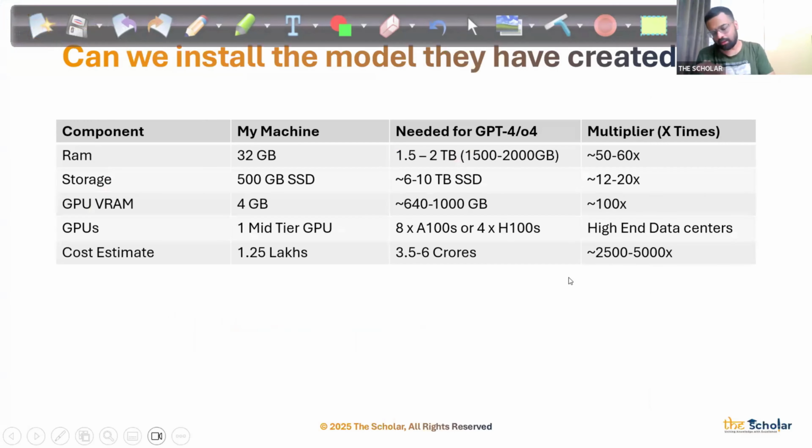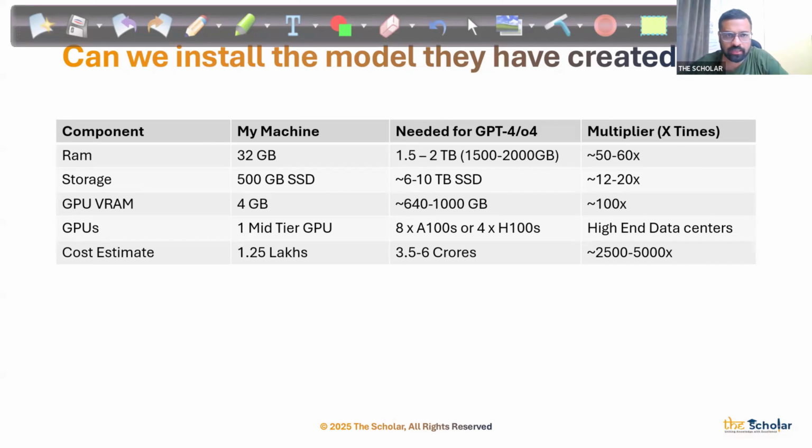Now, before getting into this concept, I want to talk about a very important concept. We know from the last class that large language models get the name 'large' because they are trained on a huge amount of data, and at the same time, the size of the model is quite big.